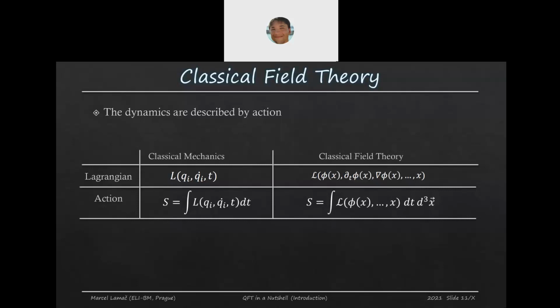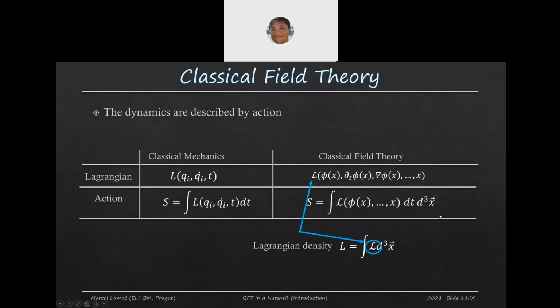So the action is given by the Lagrangian, but obviously the fields depend on position, so we have to introduce the notion of Lagrangian density. The total Lagrangian is actually the integral over all space, because the Lagrangian is position independent. It only depends on the configuration coordinates, and we have to integrate the Lagrangian density over all space. When we plug this into the definition of action, we get what's here on the right hand side.